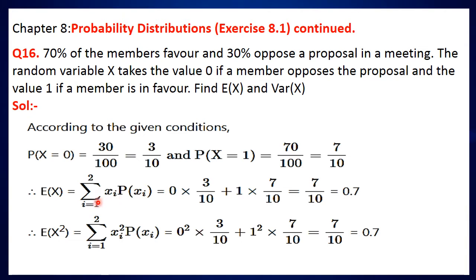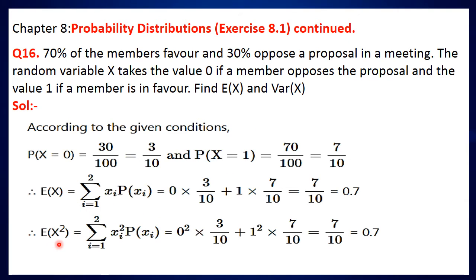Now xi can take the value 0 and the corresponding probability is 3 upon 10, plus x is taking the value 1, then probability is 7 upon 10. Then first term will be 0 and second term is 1 into 7 upon 10 is 7 upon 10, that is 0.7. Now to find the variance of x, we need expectation of x square.